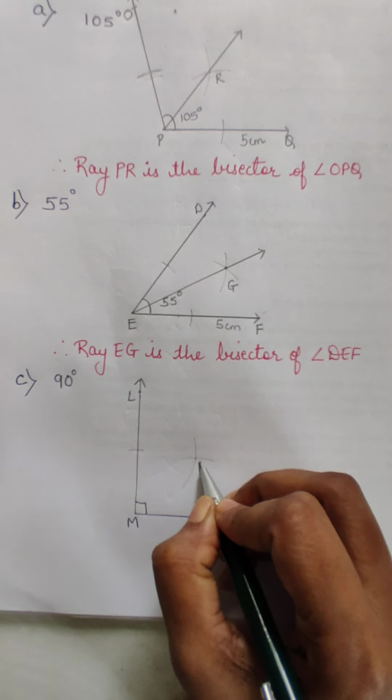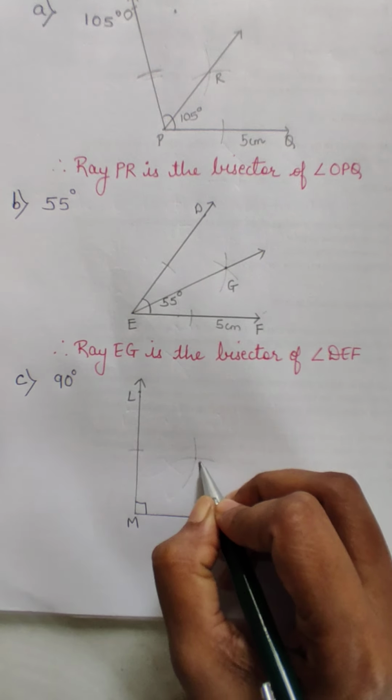This is B and C. Now obtuse angle means I will take angle B as 120. So it will be here. Then I will join this. This will be my point A. With this angle I am taking it as 120 degree.